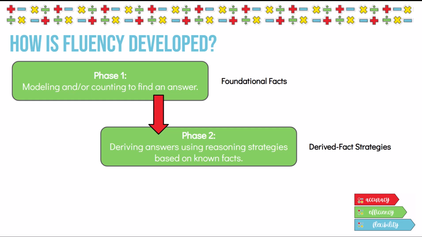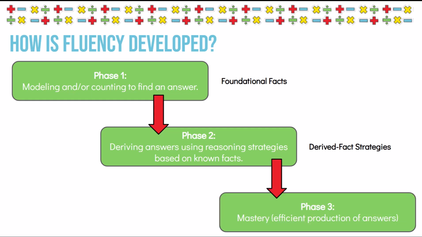This is where they're taking those foundational facts and deriving answers using reasoning strategies that are based on those facts. And then finally, phase 3 is when we call our students fluent. They have mastered their facts and are able to efficiently produce answers to the basic math facts.